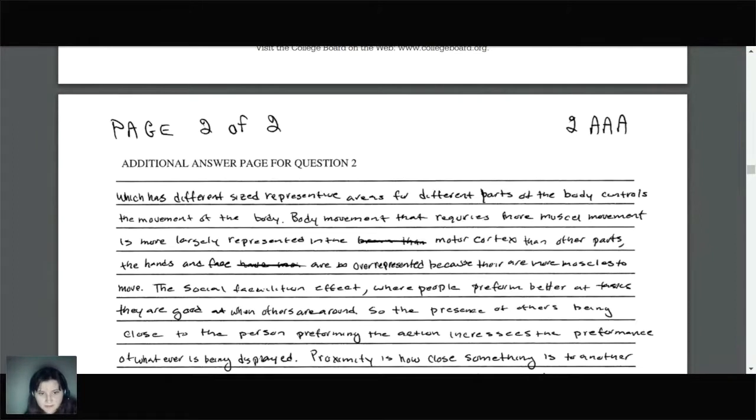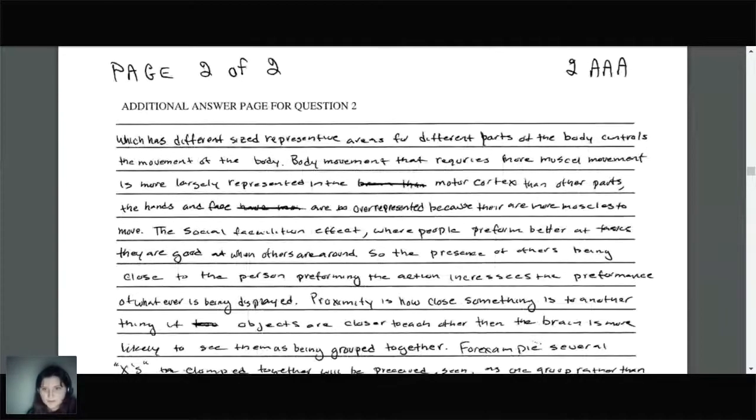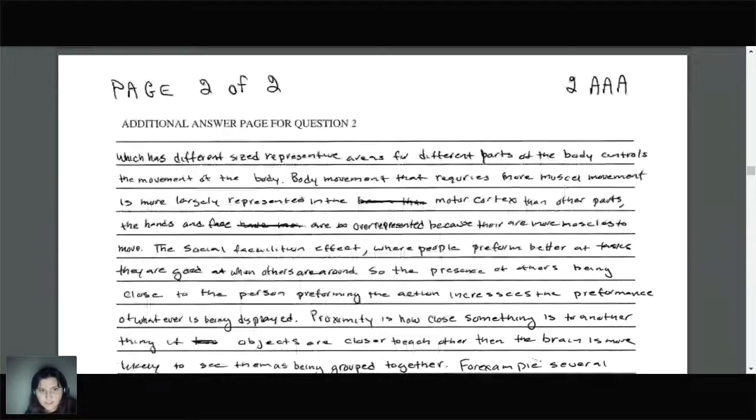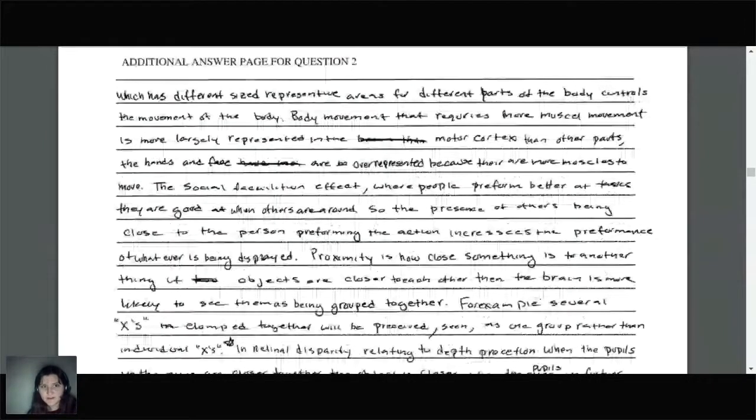The hand and the face are overrepresented because they have muscles to move. It's fairly short. It doesn't really incorporate much vocabulary. It just restates what the question had, but this person could have gone a little bit further in depth.